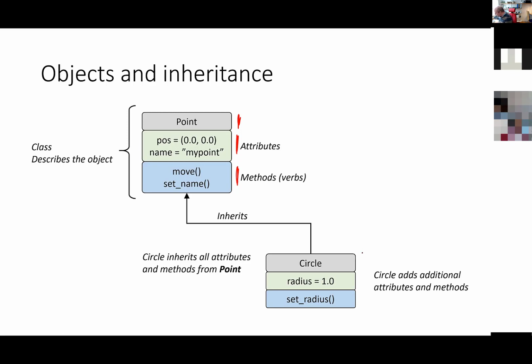So in this case, I have the circle class that inherits all the attributes of the class point, and you add radius and a set radius method to it. So you can build up a generic functionality, and then you can add more functionality to derived objects.